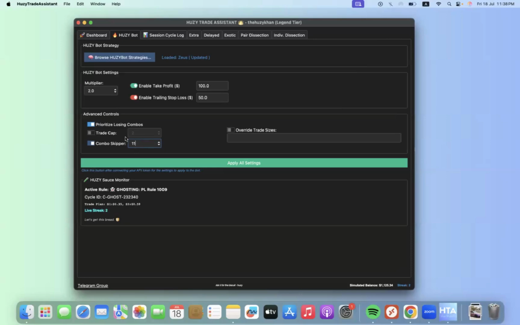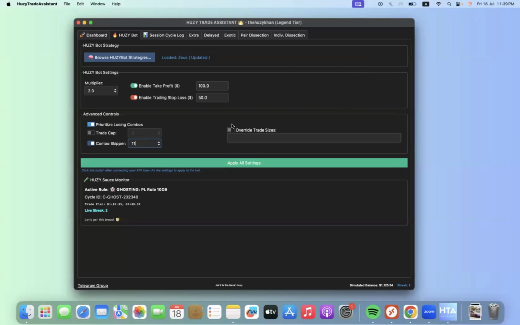So factor this in your mind that if you're starting with a small balance, give it a realistic approach, give this tool a try, and go with higher combo skipper values and let it do its thing. Slowly, gradually, because you wouldn't be needed to do anything. You just have to apply and let it run, and it's going to trade for you. So keep that in mind.